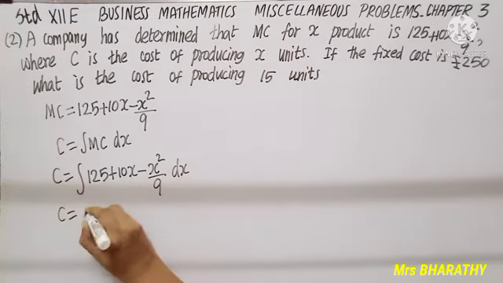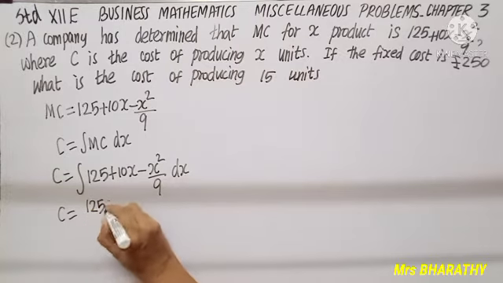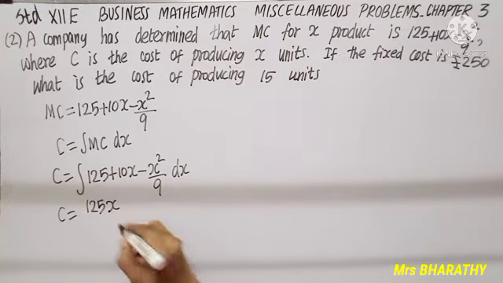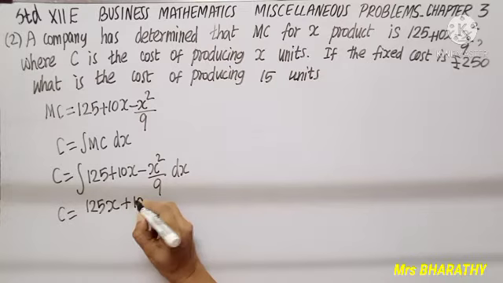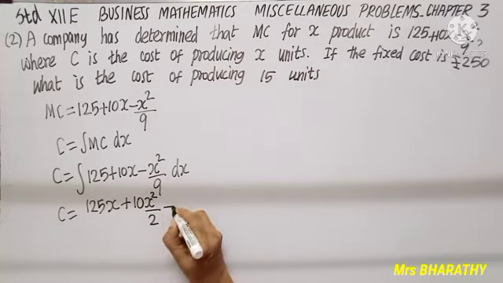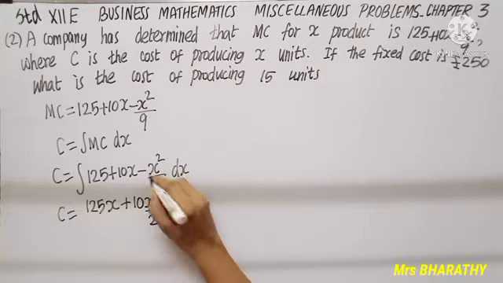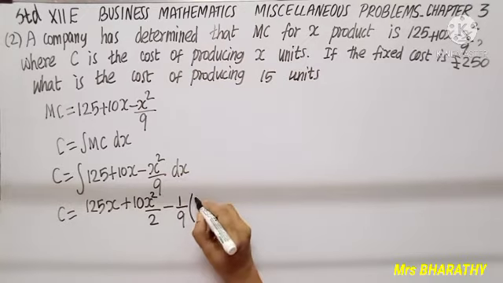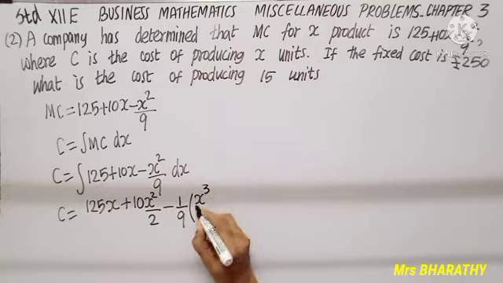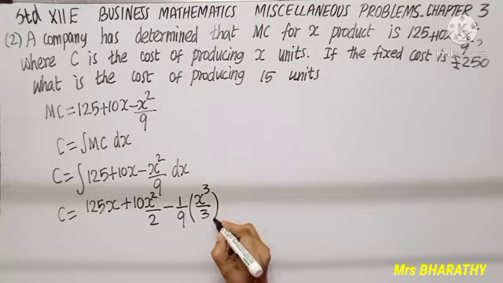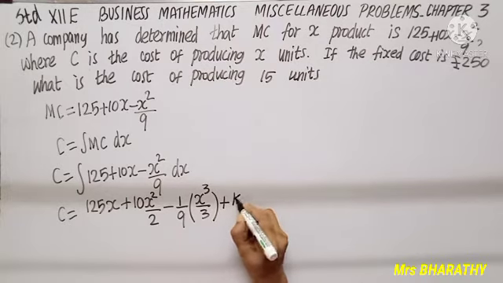We remember constant becomes 125 into x, plus 10 into x becomes x square by 2, minus 1 by 9 as it is, x square becomes x power 3 by 3, plus constant.